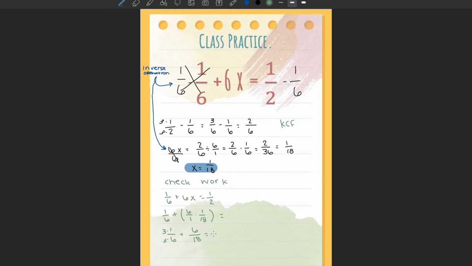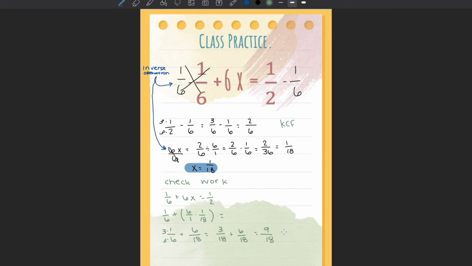Now when I rewrite this fraction, we get 3 times 1 equals 3, and 3 times 6 equals 18. It was adding 6/18. Now 3 plus 6 equals 9, and our denominator is going to be 18, because we found the common denominator.